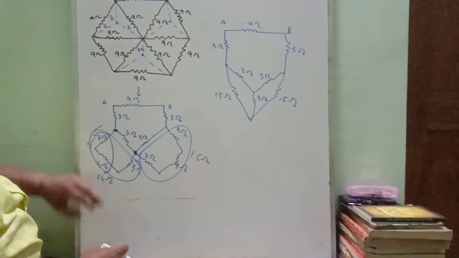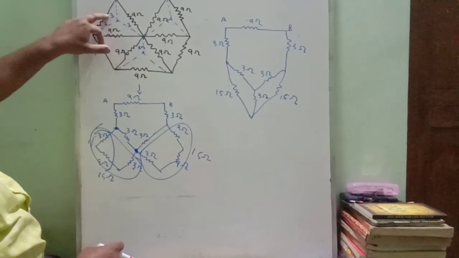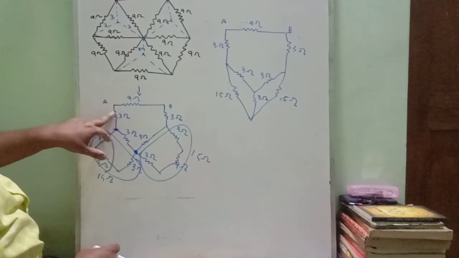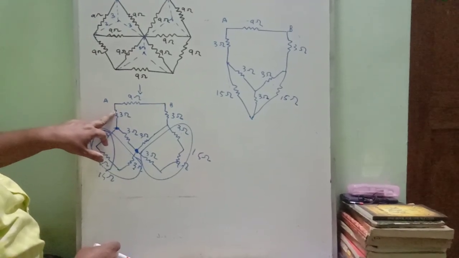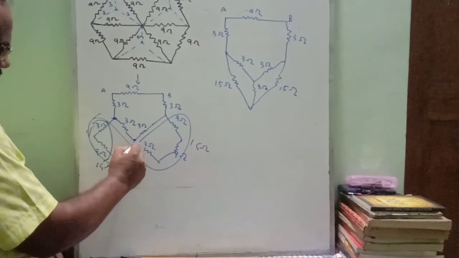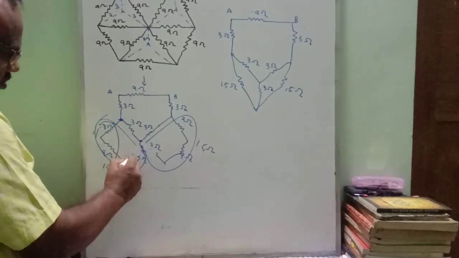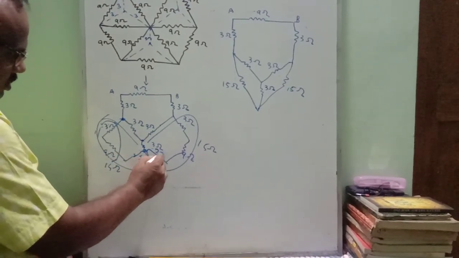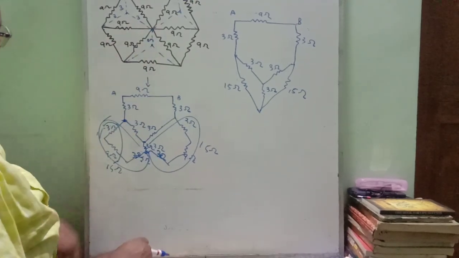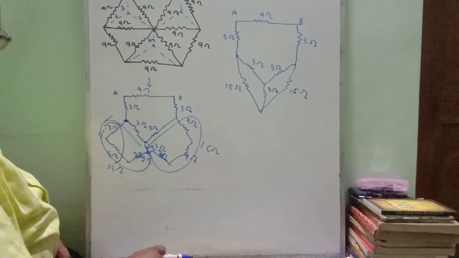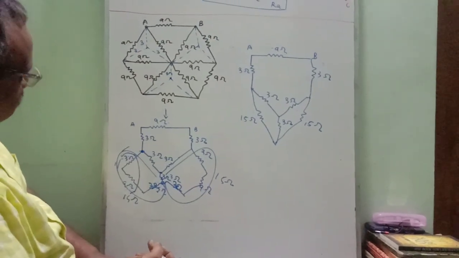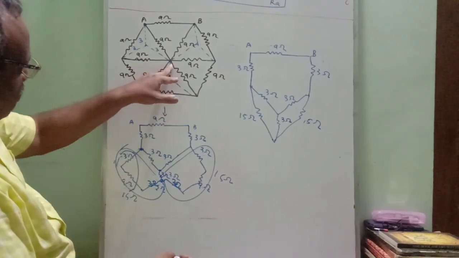So if you solve it, here there is one. Sorry. This is 3. This is 3. This is 3. Here there is another 3. In between these two, here there is 3, this one.